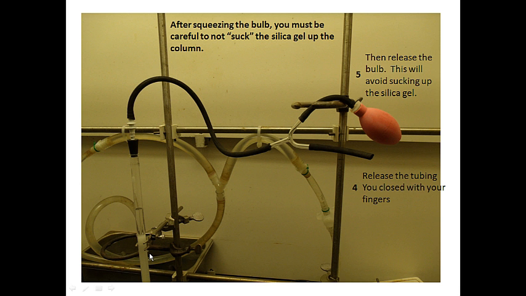After you squeeze the bulb, you have to be careful not to suck the solution and the silica gel back up the column, because then we'll get air bubbles that we tried so hard not to get from the beginning. So after you're done pushing some solvent through, you then release this tubing so that when your hand releases this bulb, it doesn't create a vacuum that sucks the solution up.